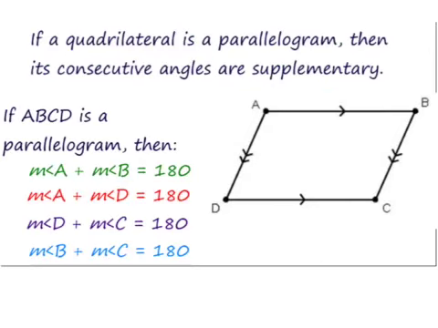Next, if a quadrilateral is a parallelogram, then consecutive angles are supplementary, which makes sense. Because if you think about it, we have parallel lines here and a transversal. So if we're looking at these two angles, they are inside my two lines, and they're on the same side of my transversal, which makes them same side interior angles.